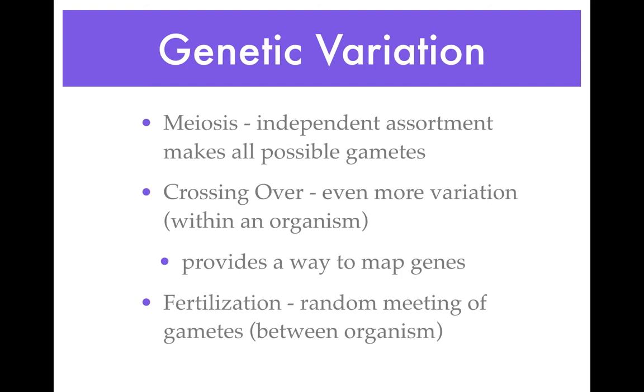It provides us a way to map genes so we know which genes are close together and we can even figure out which chromosomes they're on. And on top of all that, we have a random meeting of gametes between 2 different organisms. So this is how we get genetic variation. Meiosis combined with fertilization gives us the ability to make 7 billion different individuals of the same species. No 2 are alike.